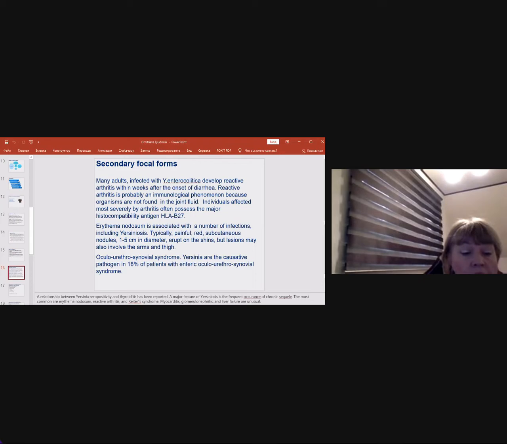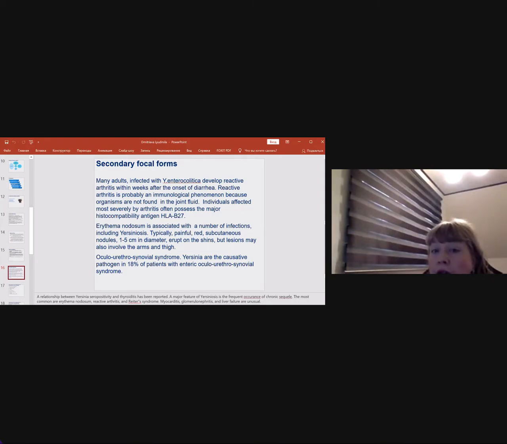Reactive arthritis is probably an immunological phenomenon because organisms are not found in the joint fluid. Individuals affected most severely by arthritis often possess the major histocompatibility antigen HLA-B27.